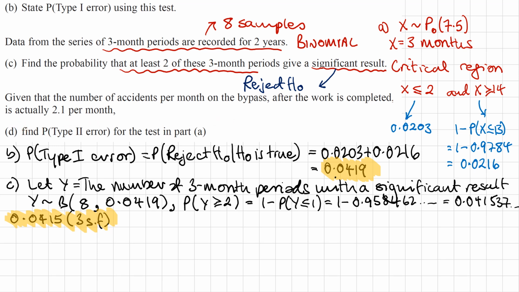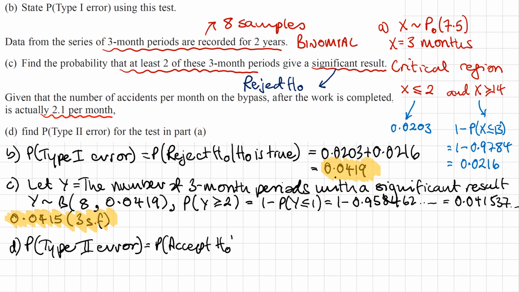So we need to be careful that we make sure that we scale it up to a 3-month period. So first of all, the probability of a type 2 error is the probability that we accept H0 given that H0 is false.